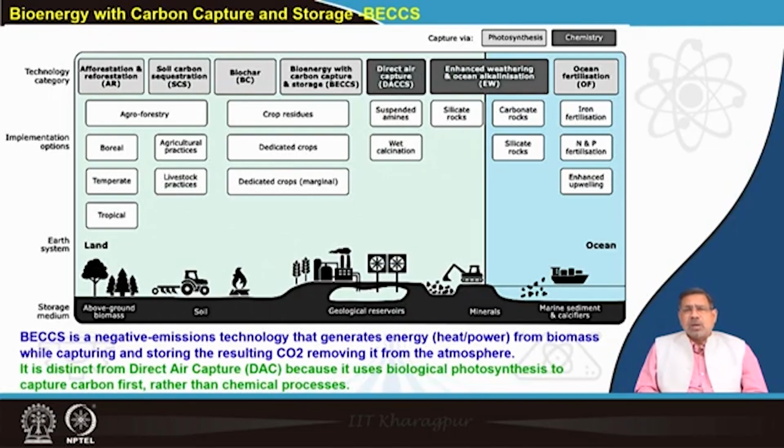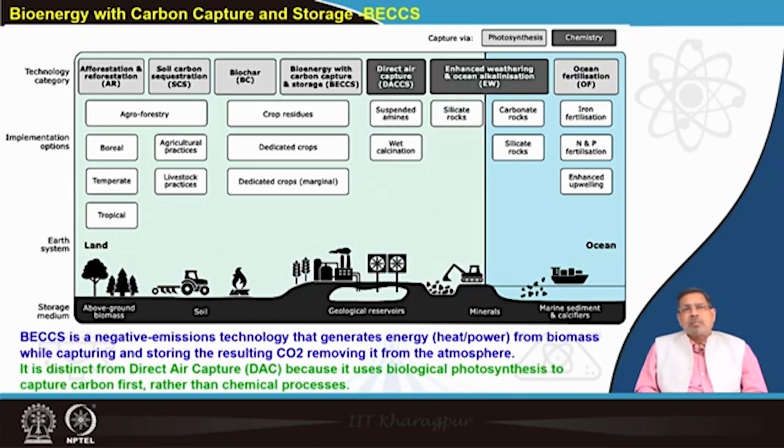So, in nutshell, the bioenergy with carbon capture and storage is a negative emission technology. Why do you say negative? Because whatever we are withdrawing the carbon dioxide from various sources, from various processes, that generates the energy, that means heat and power from biomass, while capturing and storing the resulting carbon dioxide, removing it from the atmosphere. So that is how it is a negative emission technology.